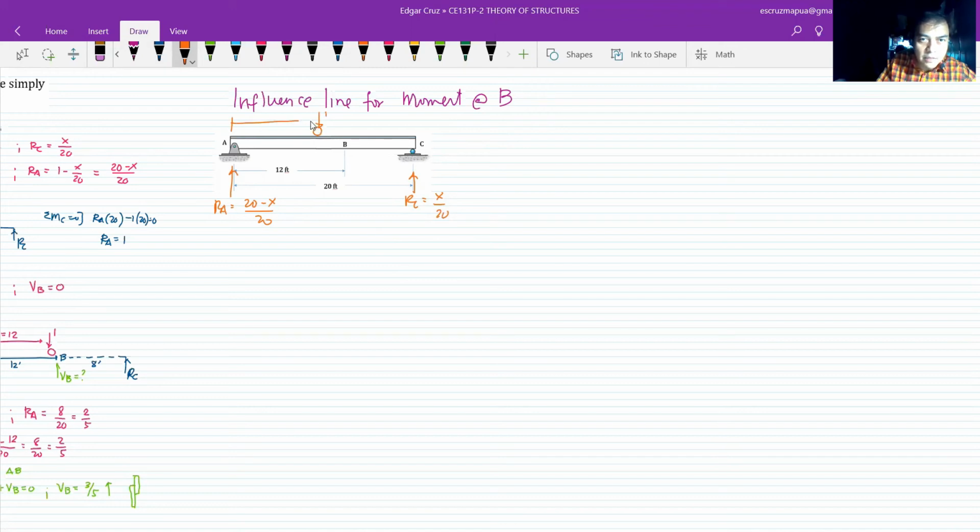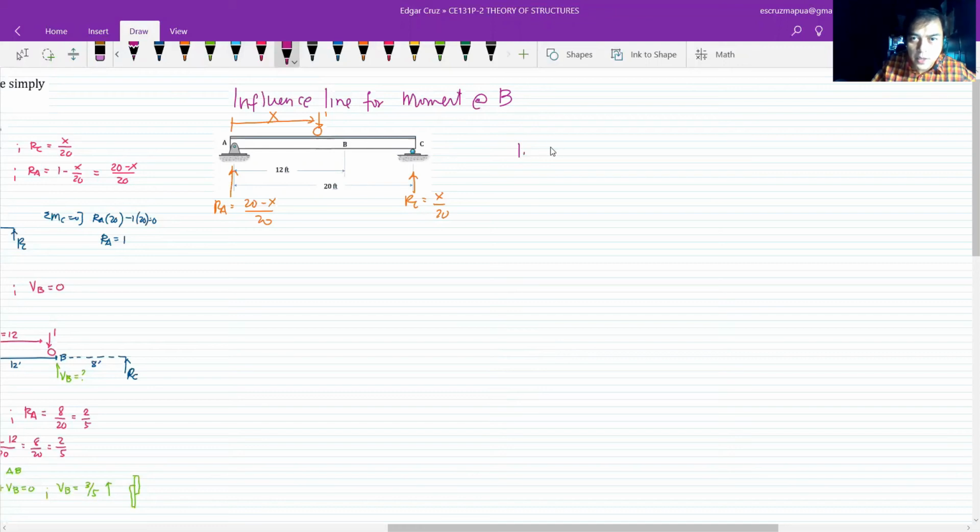The x ranges from 0 to 20. Okay. So let's start. Okay, so let us consider first point. Let's say at x equal to 0, ano ang moment sa B? Sorry, moment sa B.